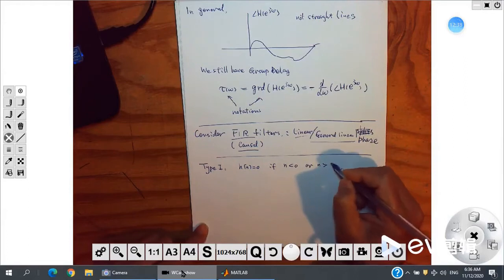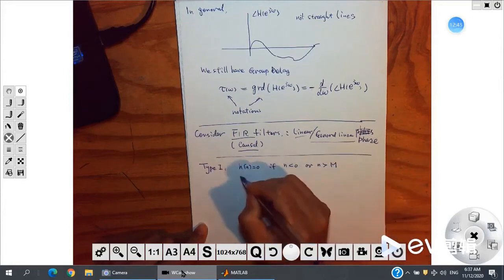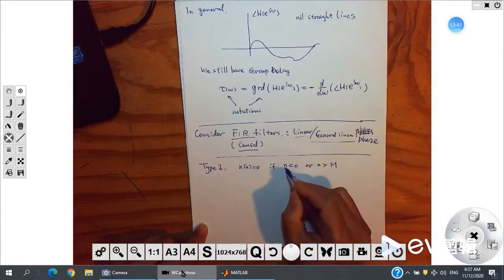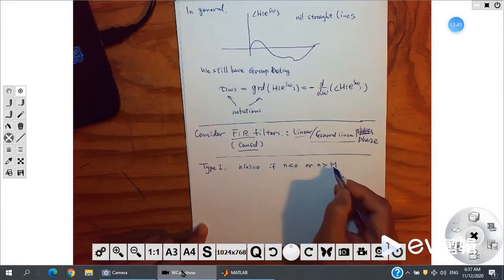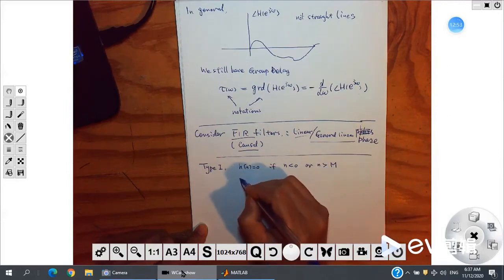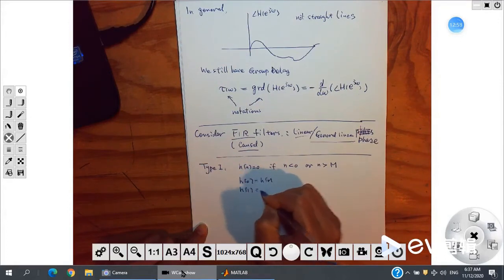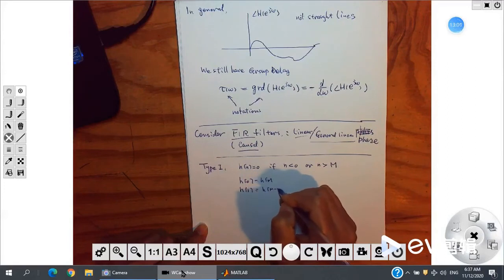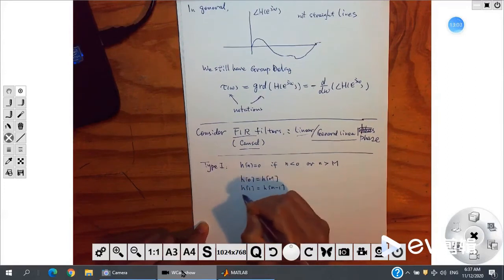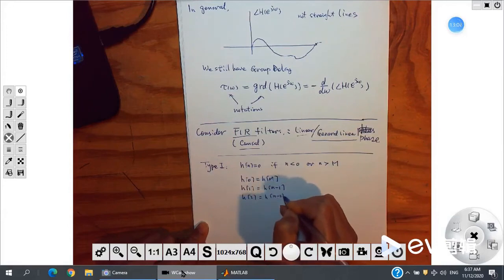I write that 2 alpha as M. And if n is between 0 and M, then h of 0 equals h of M, h of 1 equals h of M minus 1, h of 2 equals h of M minus 2, like this.